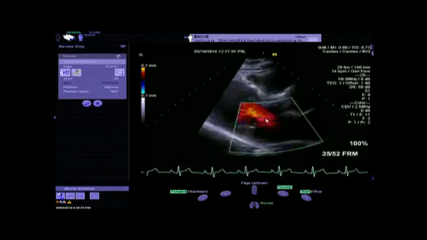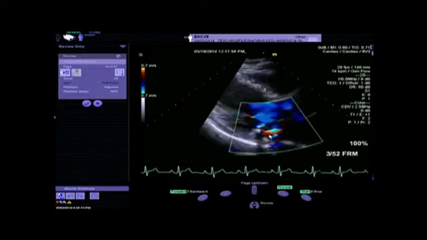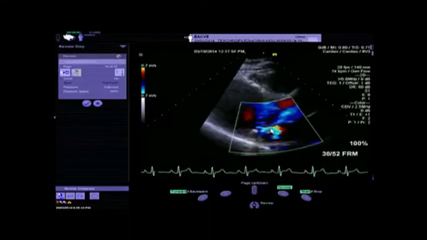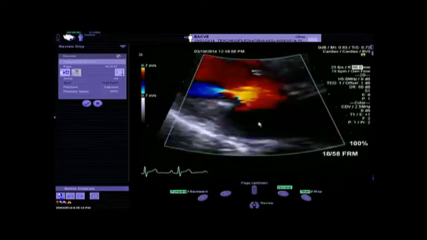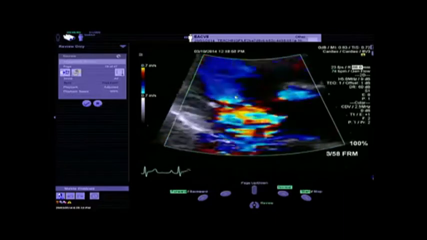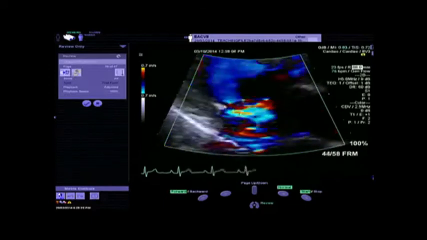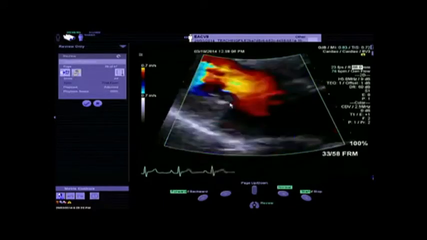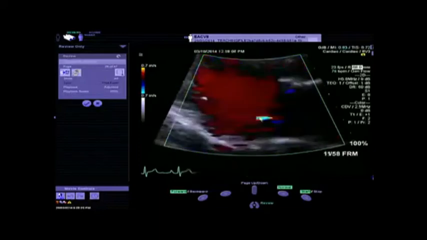In this situation, it is very difficult to assess the severity of the mitral regurgitation using the parasternal long axis view, because we have this turbulent jet into the left atrium. But by zooming in a bit, we can probably see a sort of convergence zone, a sort of contraction of the regurgitant jet, and here a sort of extension of the jet into the left atrium.